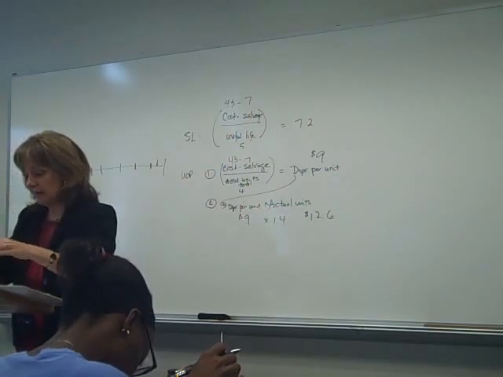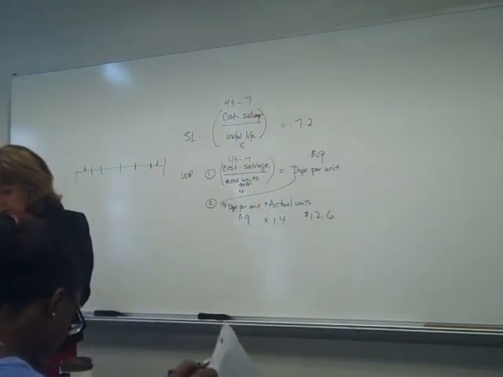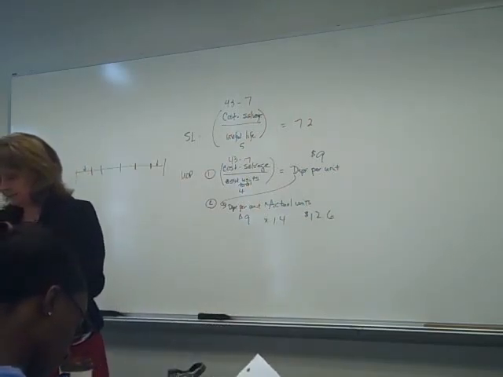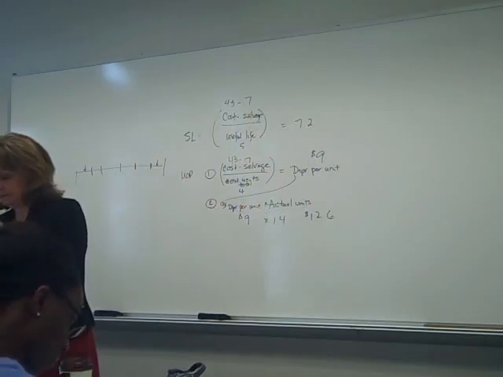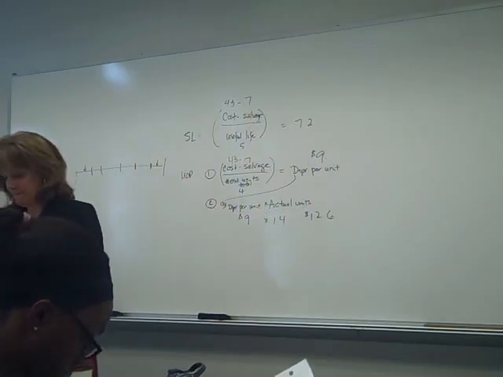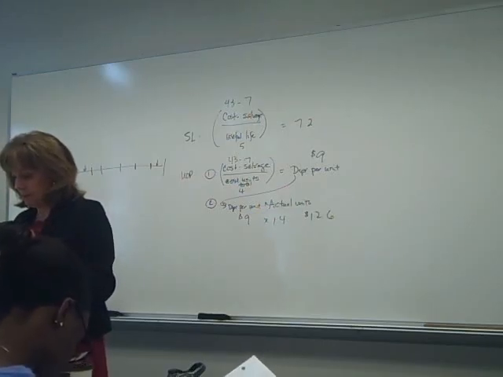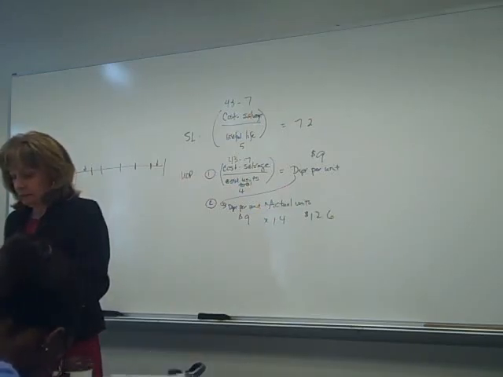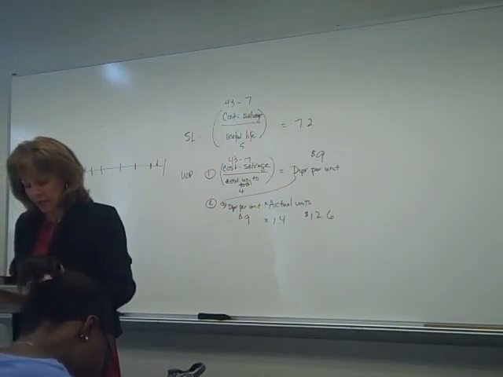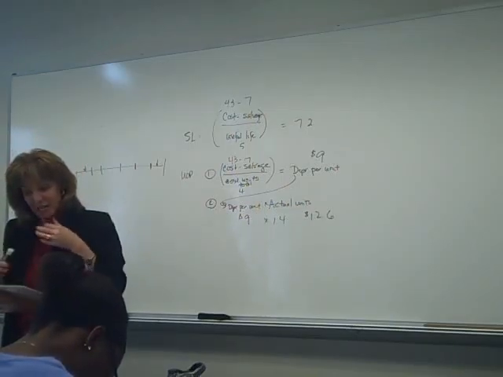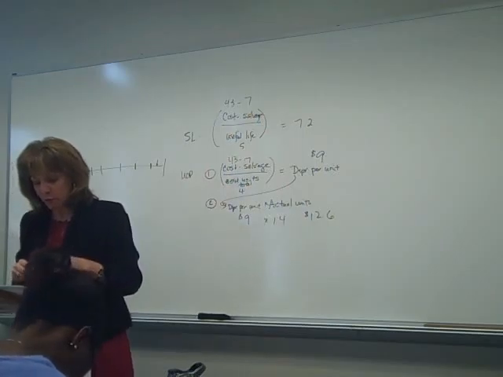So we have short exercise 5. And it says on July 31st, 2013, Logan bought a copy machine for $40,400.